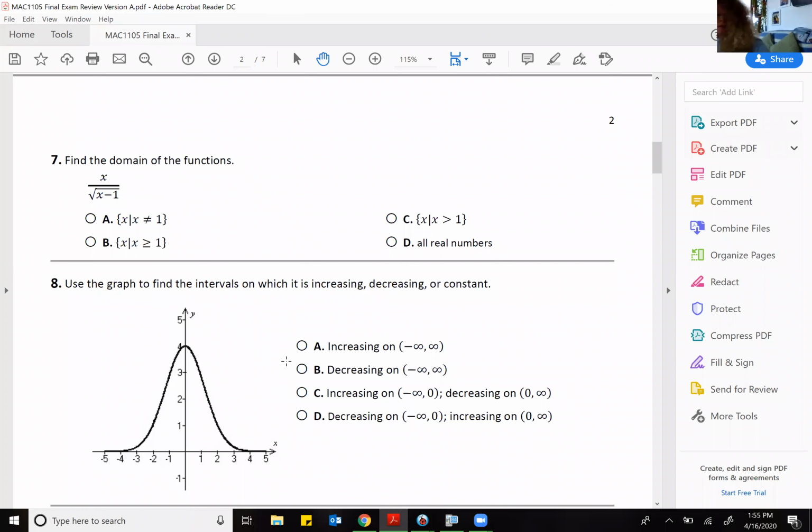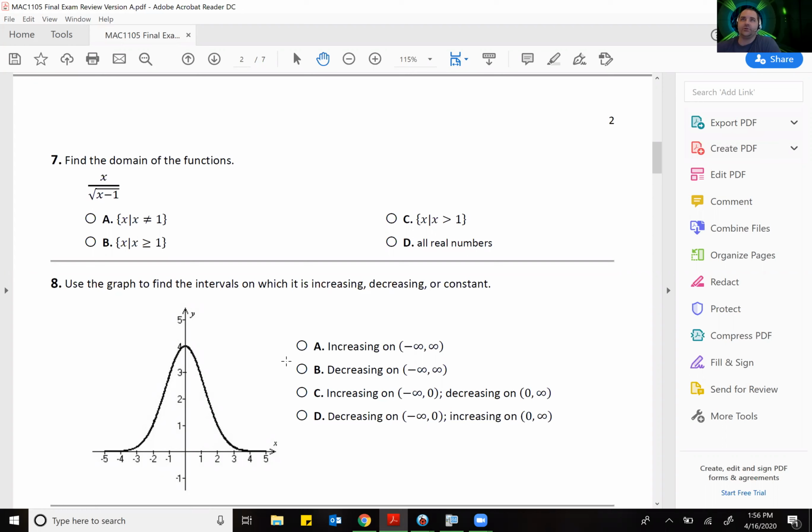I don't remember though. So, when you have a radical, what do you do? Let's just talk about that. You make it greater than or equal to 0. That's the radical. So radicals get set greater than or equal to 0.